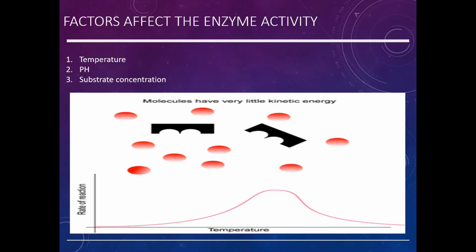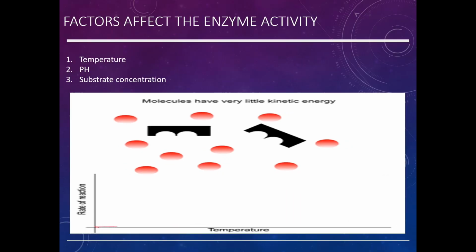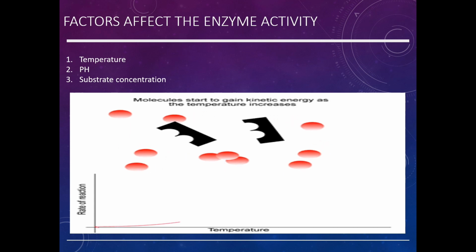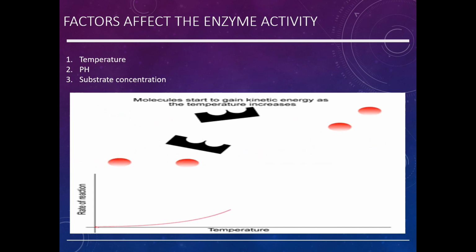Now we're going to start the factors that affect enzyme activity. Number one is temperature. Then we're going to explain pH and substrate concentration.